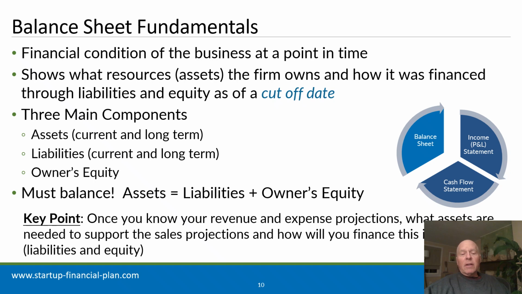Then I have the balance sheet, which is going to tell me the assets, liabilities, and the equity at any given point in time. And if we're on a calendar year basis, that would be on December 31st to cover the calendar year, January 1st through December 31st. We also will break out the assets and liabilities between current and long term.